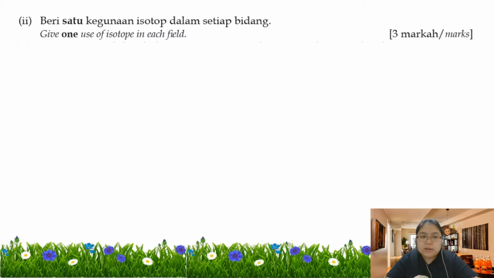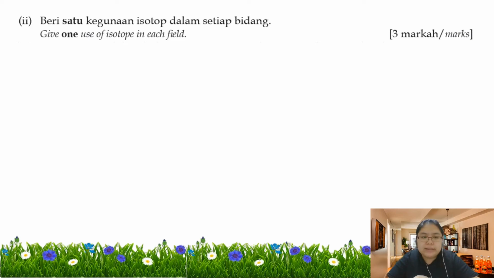If not, you can give another one, cobalt-60 also can. Another one, agriculture, remember phosphorus. You can say it is used for fertilizer studies of the food. And the last one is food technology, we got cobalt-60. They want preservation, to protect the fruit and also the vegetables.